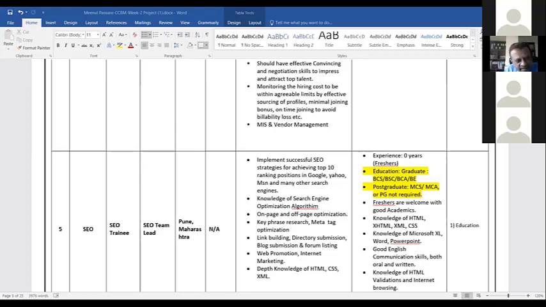I'll take a simple example, on the extreme end: I have a receptionist position and a PhD candidate applies and I accept the PhD candidate for receptionist. But the fact is I don't need a PhD for the receptionist. The basic minimum qualification I require is a graduate. So you have to take the minimum qualification, not what you might accept as a higher qualification. You have to take the minimum qualification for the point plan.